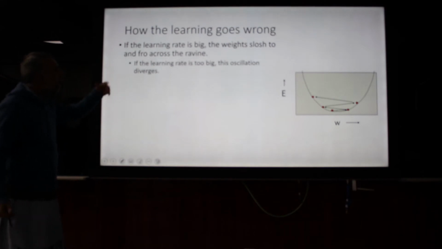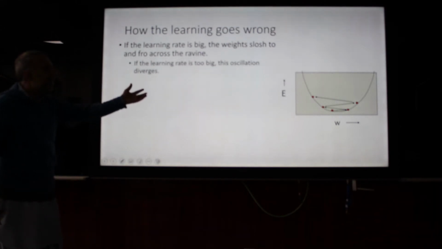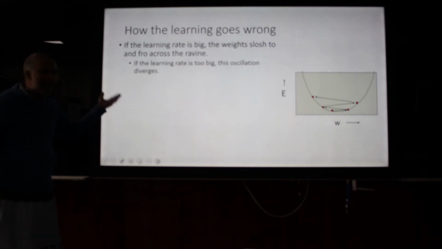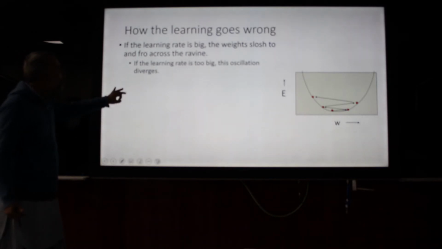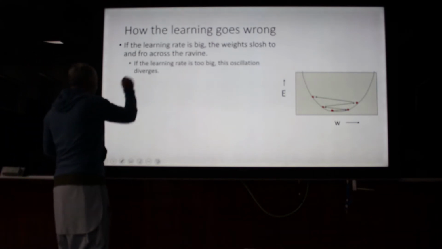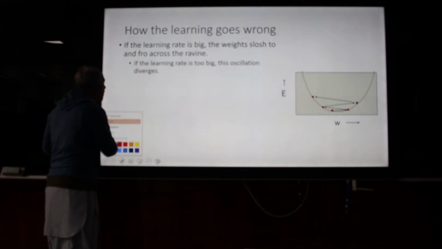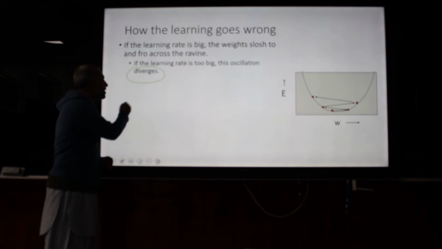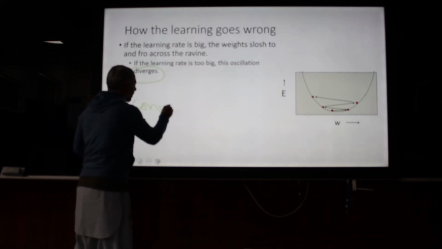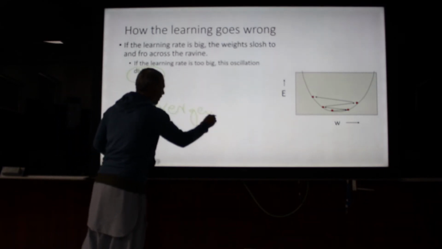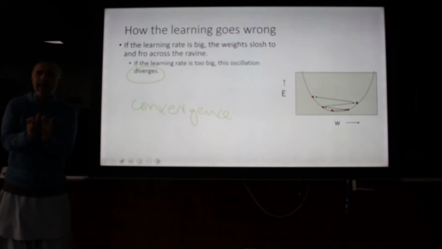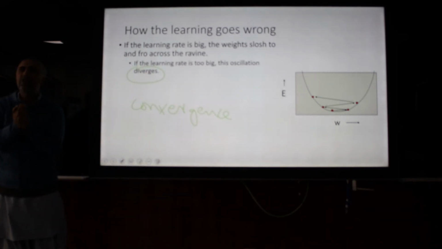And again, I told you that a big step is kind of a dangerous thing. A moment ago, I used the term convergence. Here, convergence means kind of a stability. You can achieve your target.